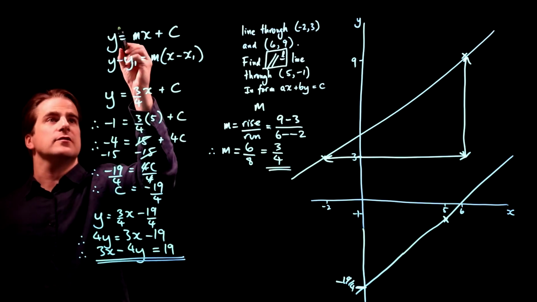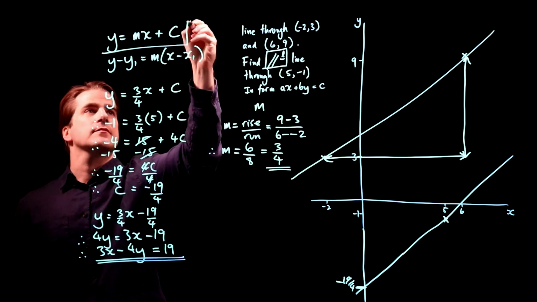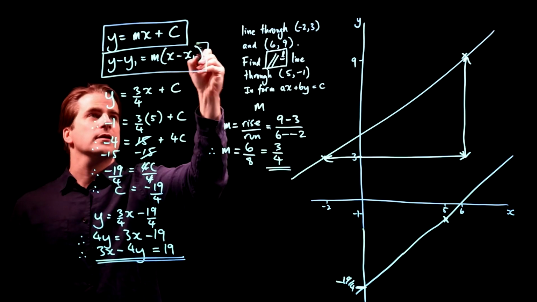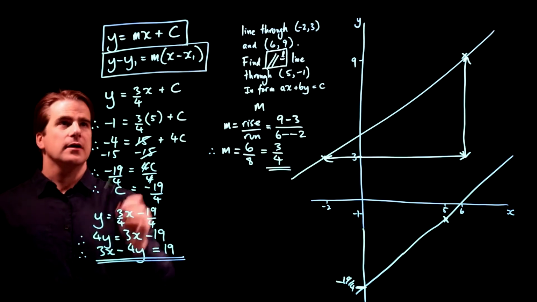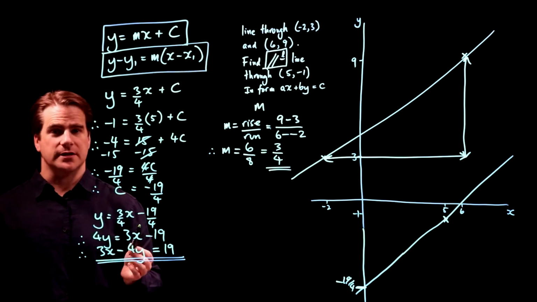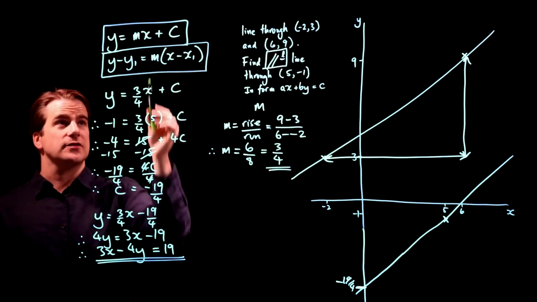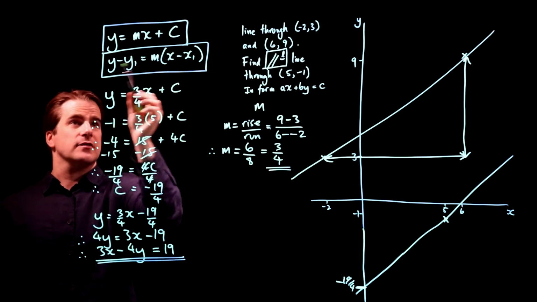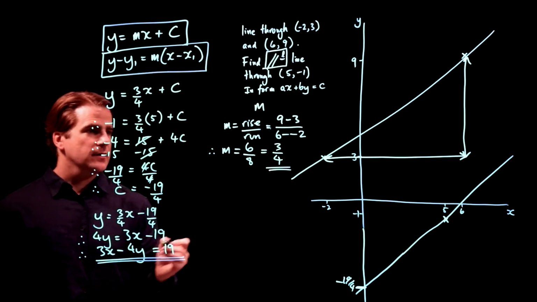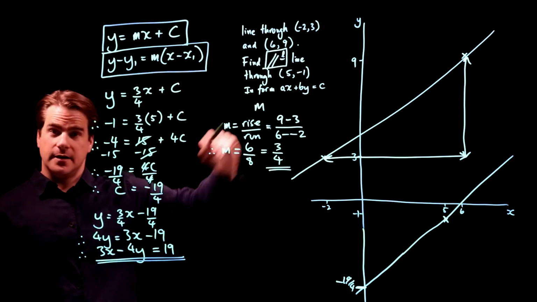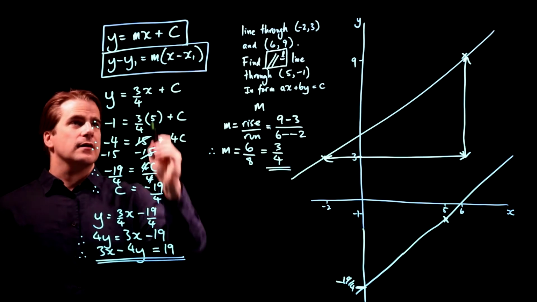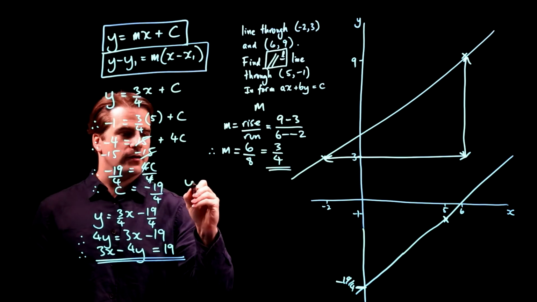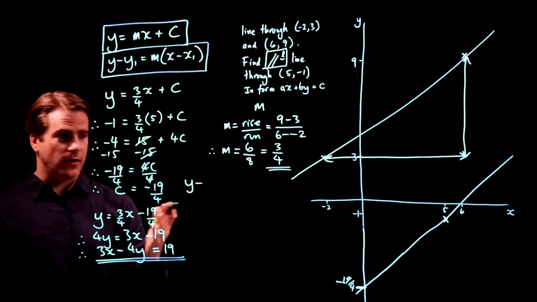Now, that was using y is mx plus c. We can also use y minus y1 is m times x minus x1. These are two different forms of the same equation. They're essentially the same equation, just two ways of expressing a straight line. So let's do it using this one this time. Now, x1, y1 is any point on the line. And we know m is 3/4, so we need a point on the line.